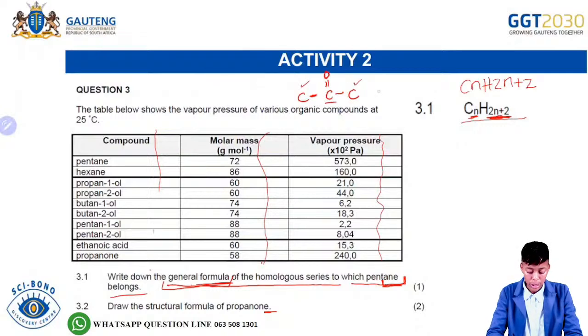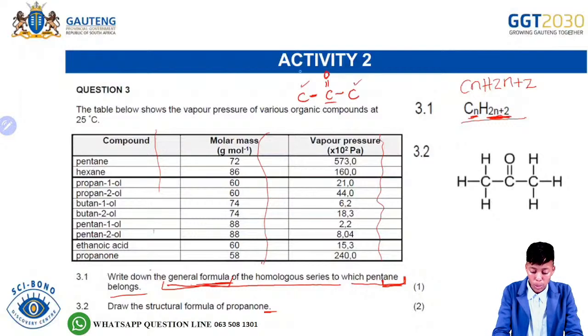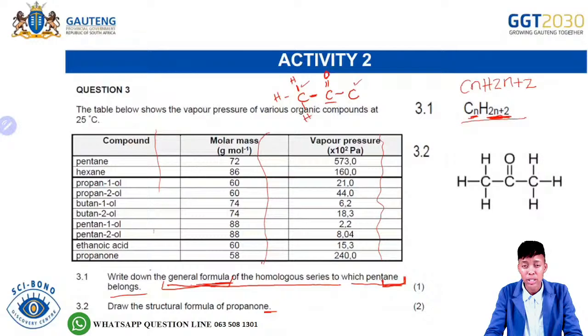So the question says we need to draw a structure. So you are therefore going to draw the structure. This is what we have. If I complete this one, this carbon only has 1 bond, so to add the hydrogens, it will have a total of 4 bonds.